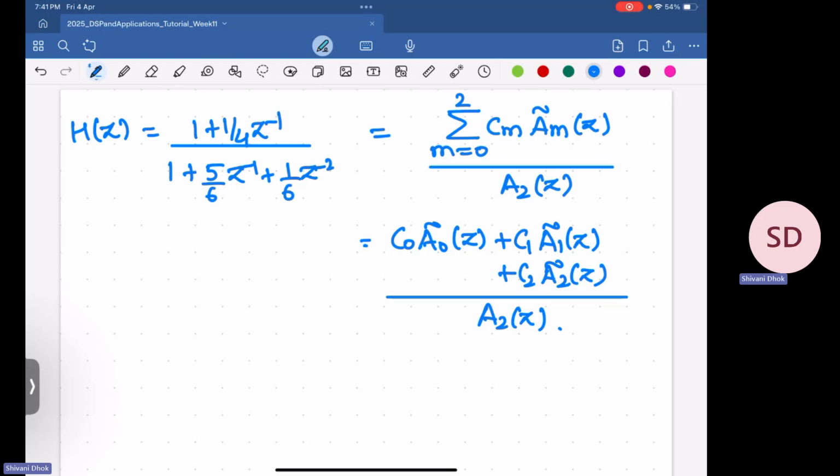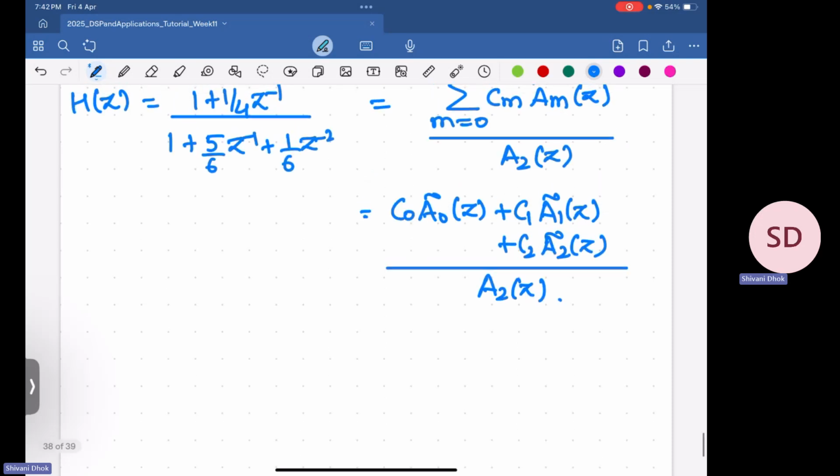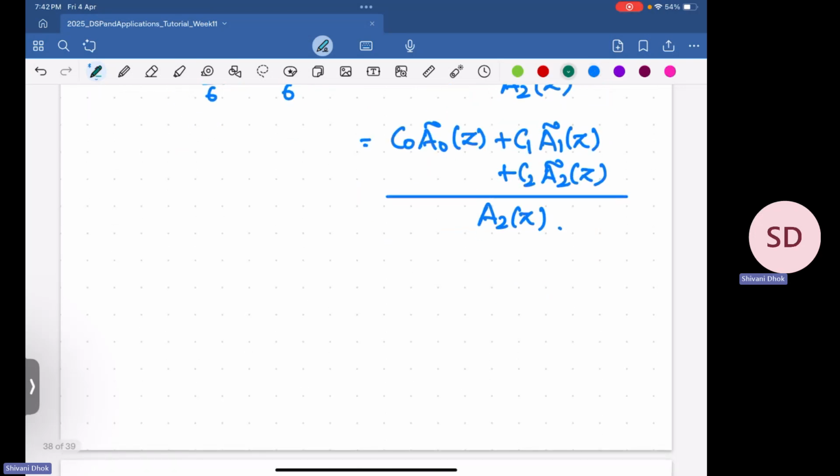And we want to realize this system, and for that we will use the repetitive structure of our lattice. Okay, and we have two steps in designing this particular system. First step is realization of the denominator, and next step is realization of the numerator. So let us first start with the realization of the denominator. So step 1, realizing the denominator, is the main thing that involves designing of your lattice.